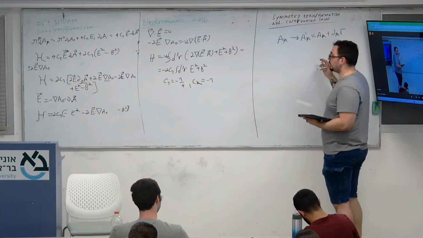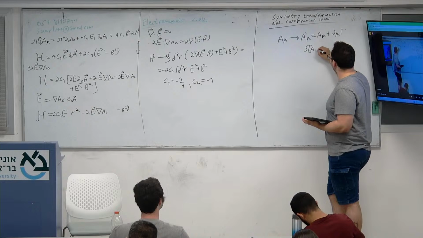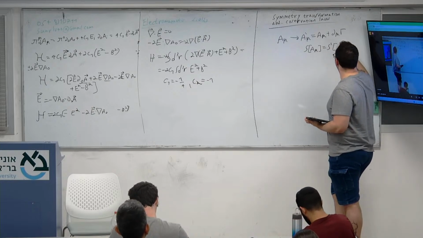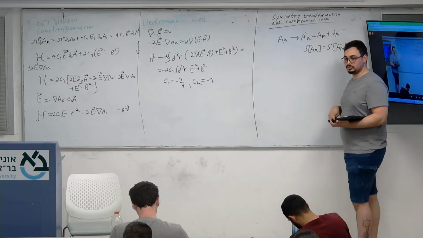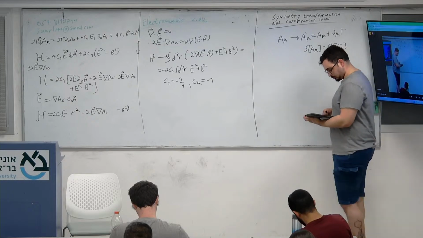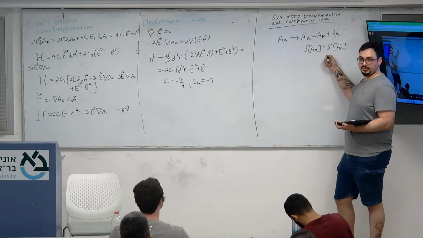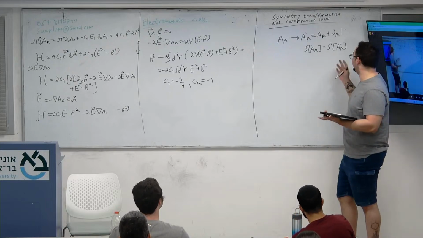We found that if you do this transformation, S of a mu equals S tag of a mu. So let's try to find what S tag is and see what comes of it.